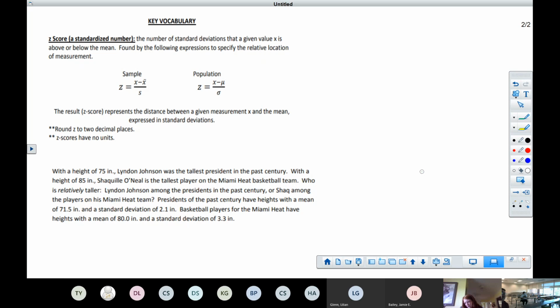So go ahead and do that, because I really think y'all can do that without me explaining it, because it tells you the mean of the presidents, and the mean and standard deviation of the basketball players. So you should be able to figure out what X is. X is the height of the person.